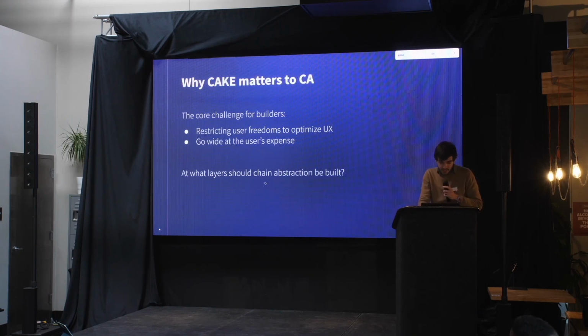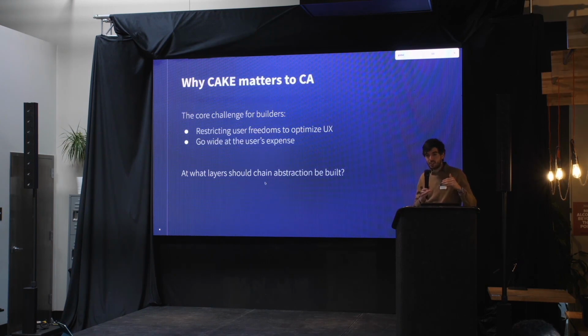I think the core challenge for builders today building in this space is there's a real draw to minimizing your app, to restricting what users can do in the name of simplification and in the name of better products. But obviously you're taking away from sort of the user's freedom to do what they want with the system, which is kind of the entire point of these open systems to begin with.